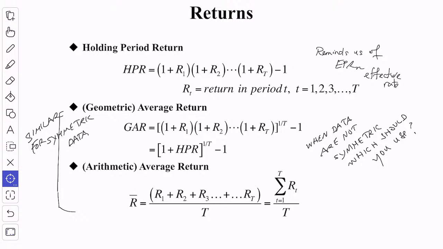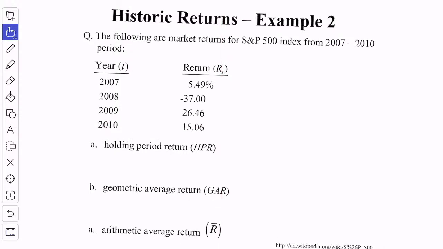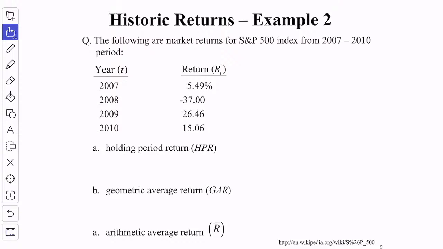Okay. So what we're going to do here is look at that very notorious period where the stock market crashed. And these are data from the S&P 500 index.